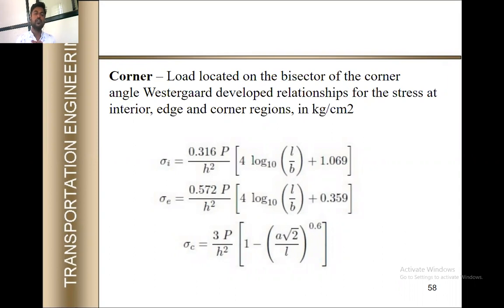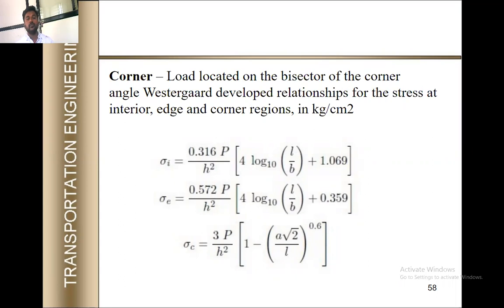So according to that, Westergaard has developed the relationship between the stress at the interior, edge, and corner regions, and he has given the formulae accordingly. For interior, 0.316 P upon H square into bracket 4 log to the base 10 L by B plus 1.069. For edges, 0.572 P upon H square into bracket 4 log to the base 10 L by B plus 0.359.